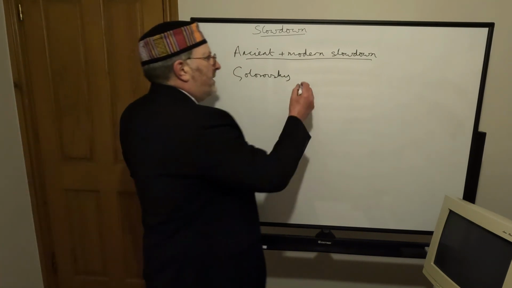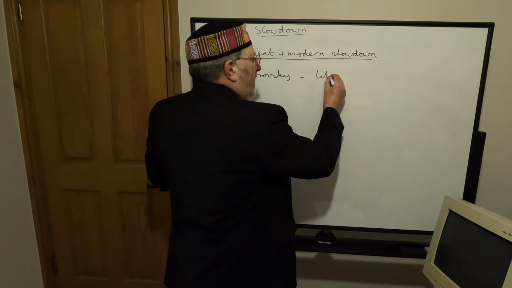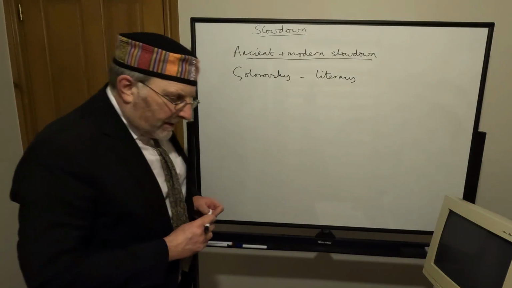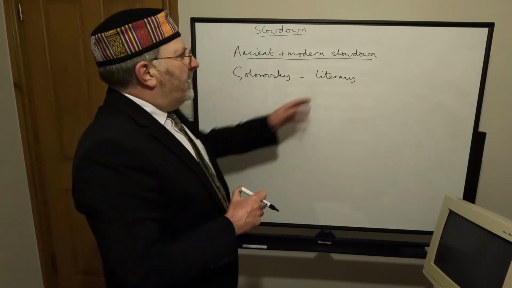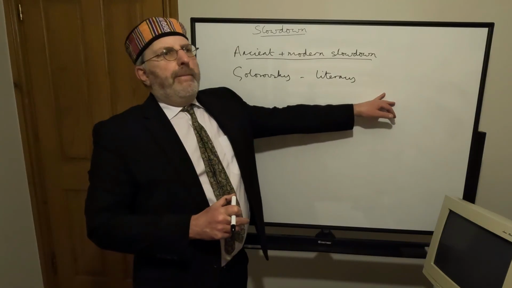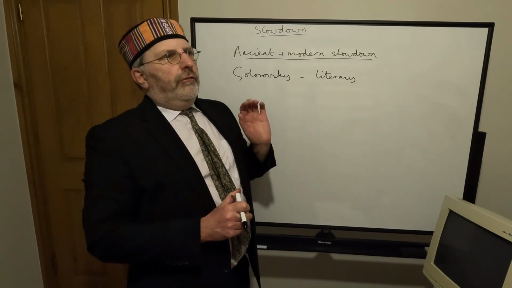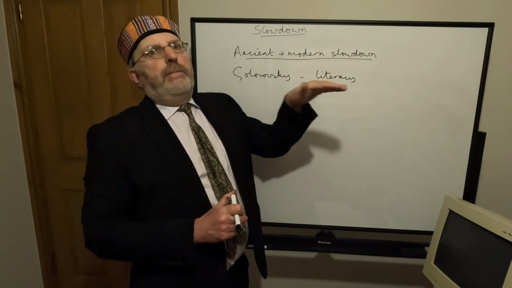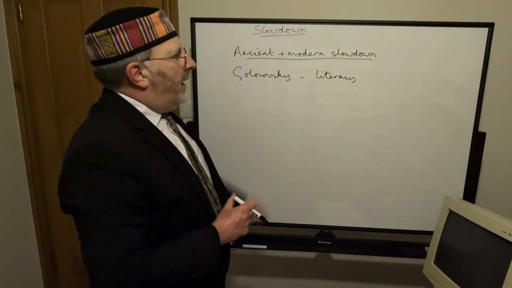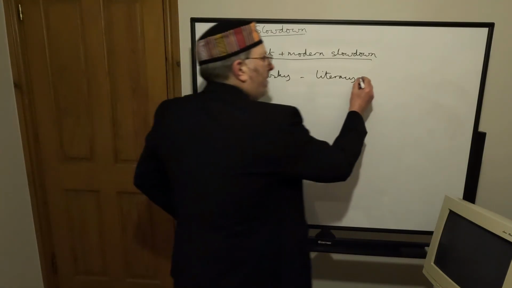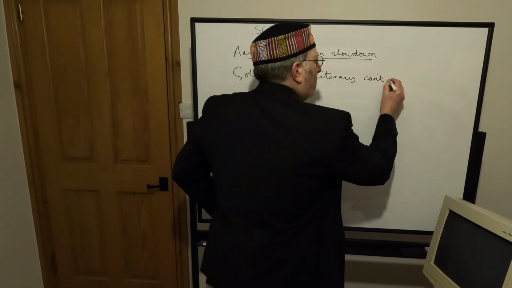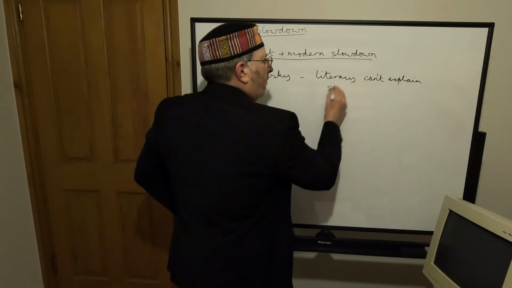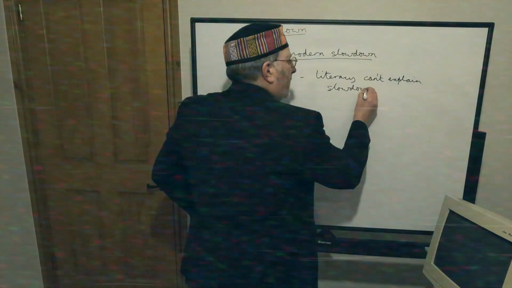He says the literacy argument isn't really satisfactory because it can explain why population has stopped growing, because if education causes women in particular to have fewer children, it can explain that, but it can't explain the slowdown of economic growth.